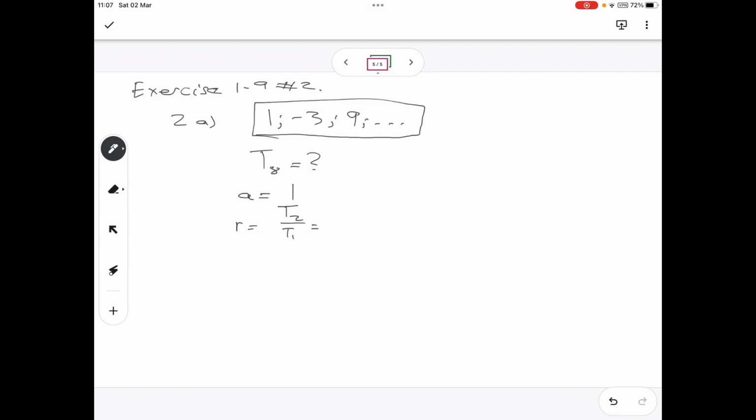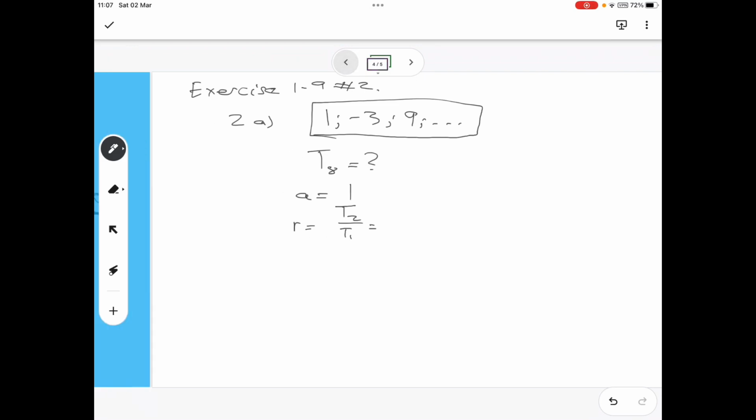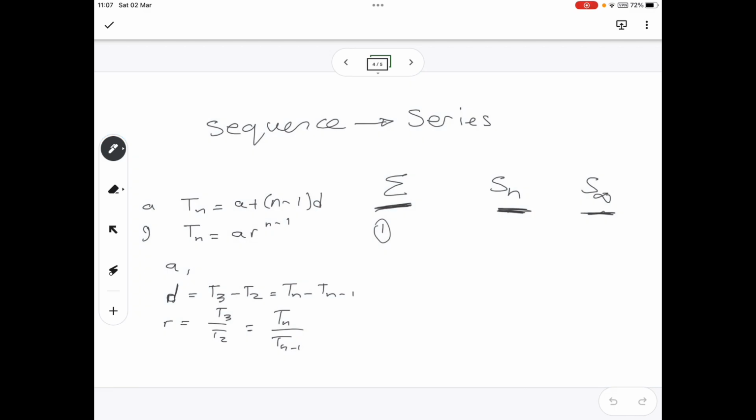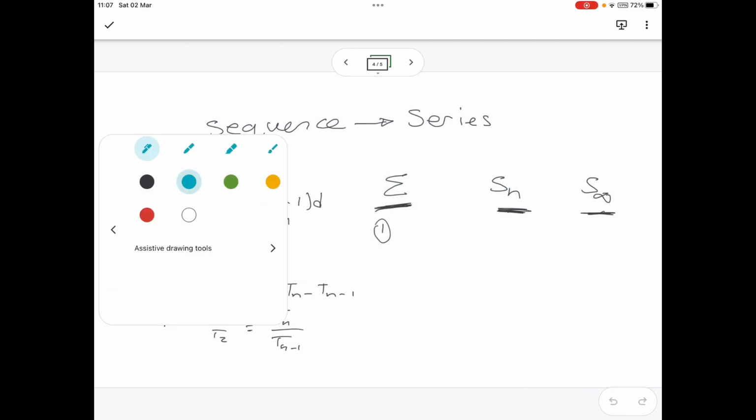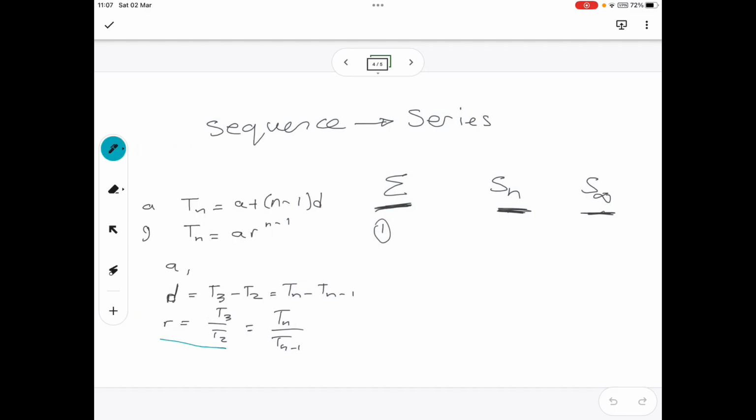Then how do we work out the constant ratio? It's the second term minus the first term. For a geometric sequence, that's incorrect. How do we correctly determine the constant ratio of a geometric sequence?